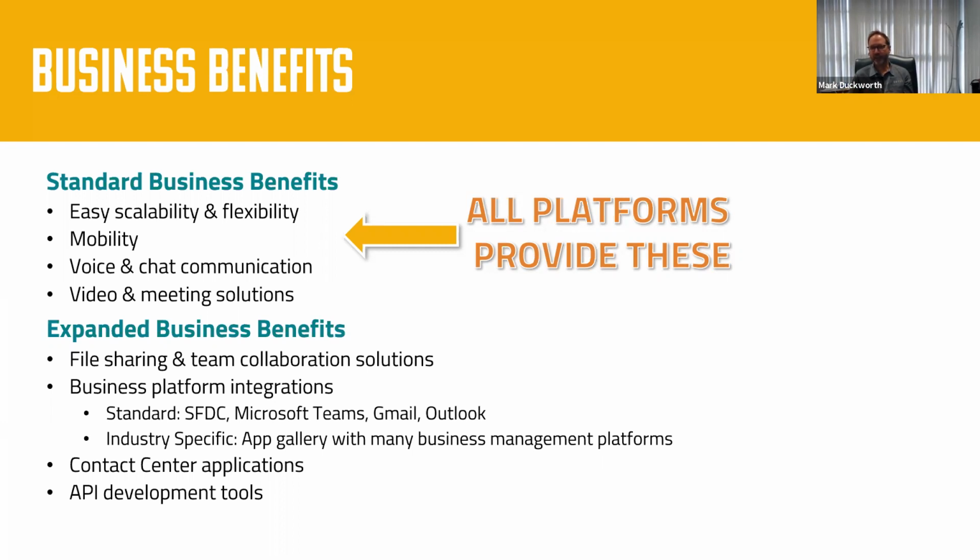Microsoft Teams, Gmail, the Google suite of solutions, Outlook 365. These are things your business clients are using today. Your ability to integrate these and clean these up and simplify what they do is huge.